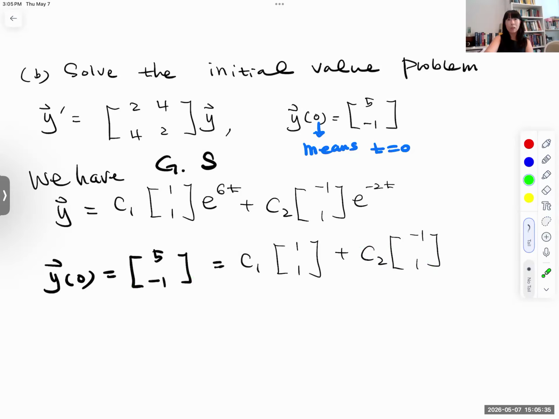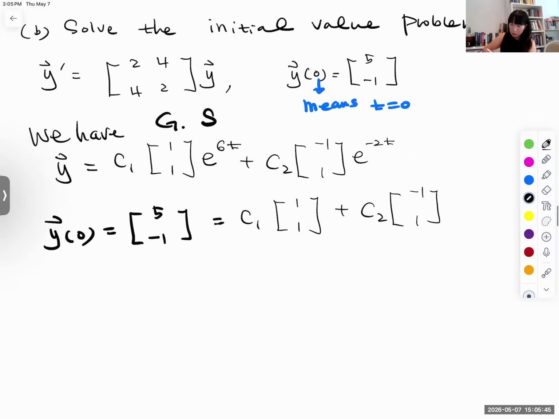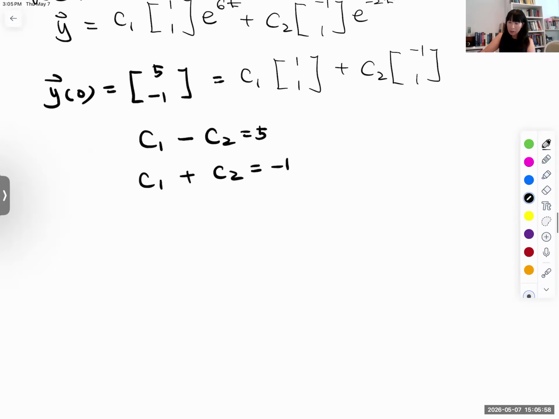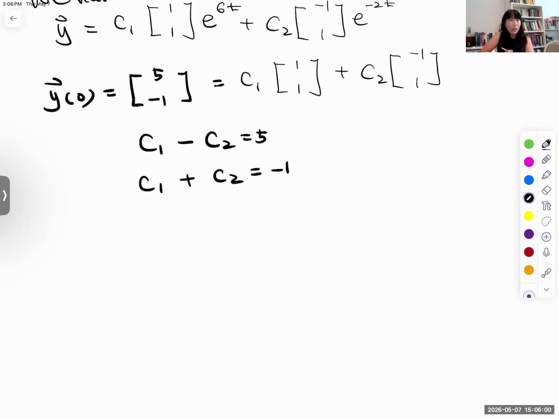Yeah. Then we want to find such constants c sub 1 and c sub 2, right? Okay, same as before. So c sub 1 minus c sub 2 equals 5, and c sub 1 plus c sub 2 equals -1, right?